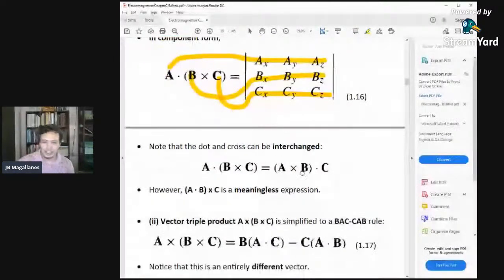Note here that you can interchange the cross product with the dot. So you can replace the cross product here with the dot. But the parenthesis would be here, not here.